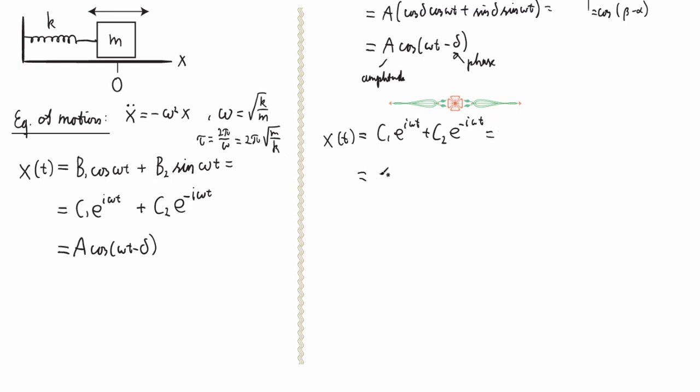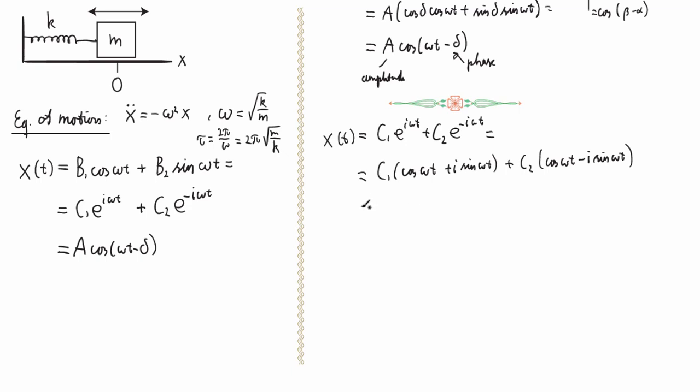So this is just equal to then c1 times cosine omega t plus i sine omega t. And then similarly for c2, where this minus sign comes from the fact that the sine function is an odd function, so the minus in front of the omega t comes on the outside.